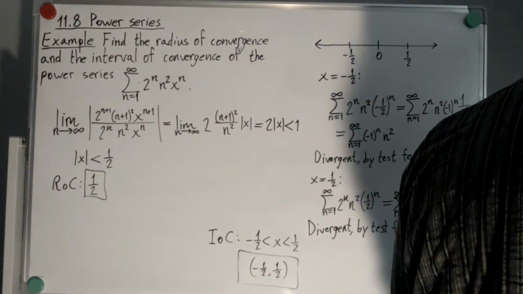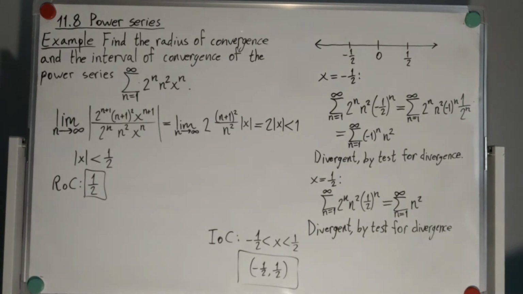All right. Next up, we'll look at the sum from n equals 1 to infinity of negative 1 to the n minus 1 over n 5 to the n, x to the n.